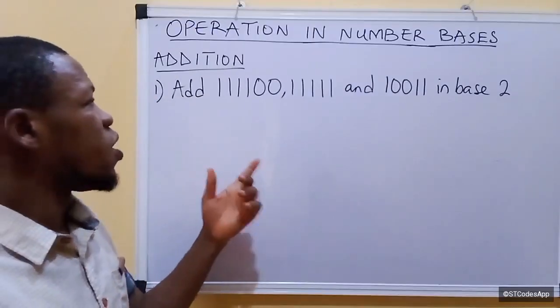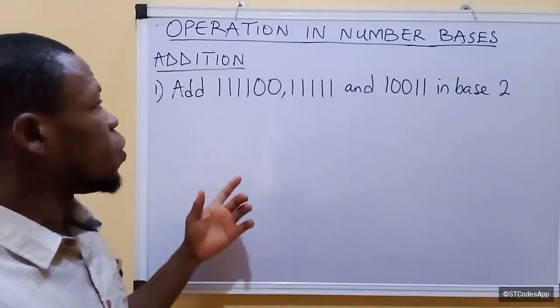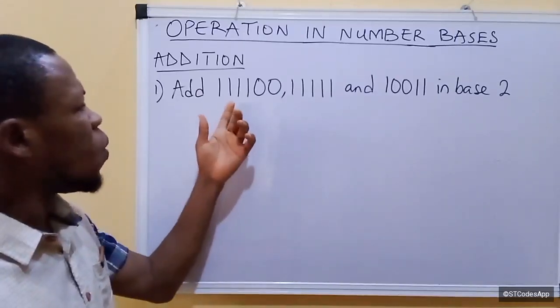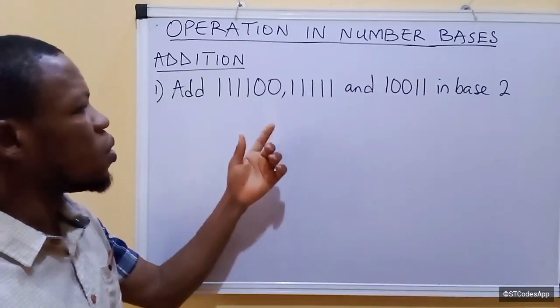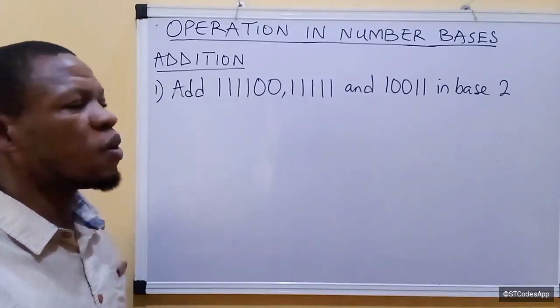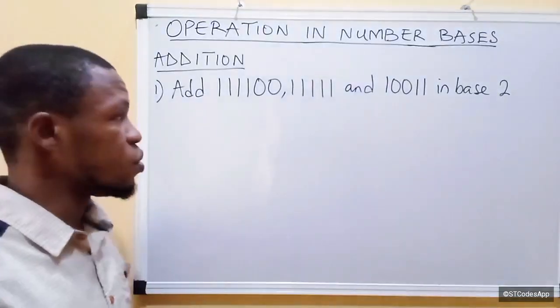This is the first problem we'll be considering today, which is on addition of number bases. We have to add 1111001, 11111 and 10011, all in base 2.